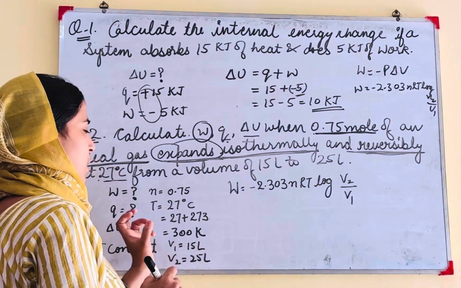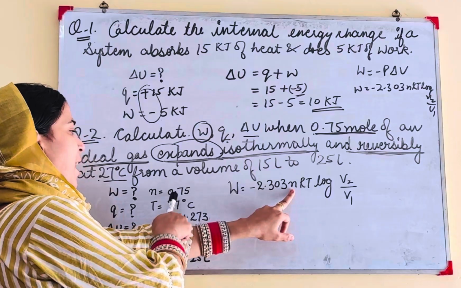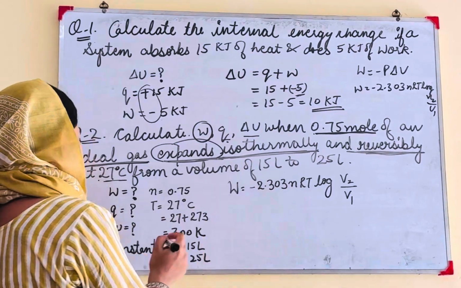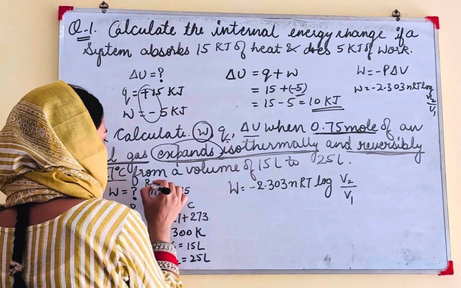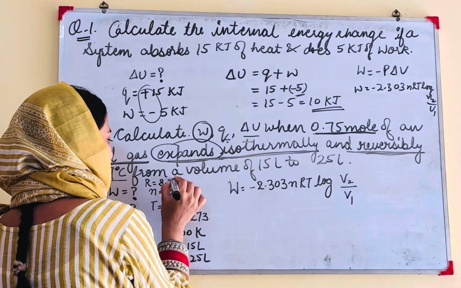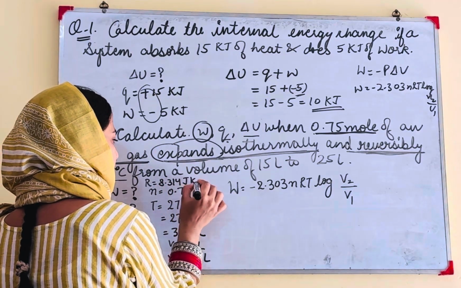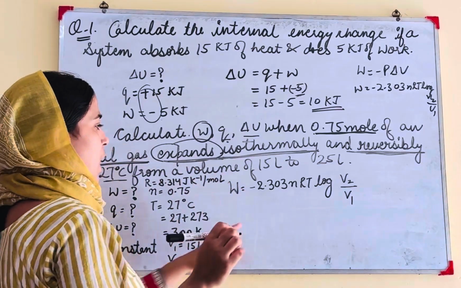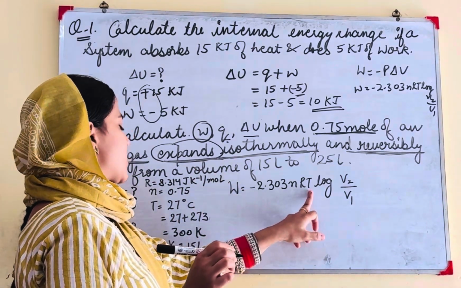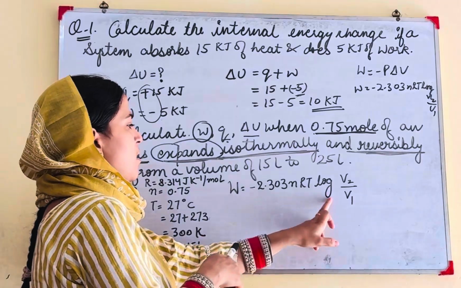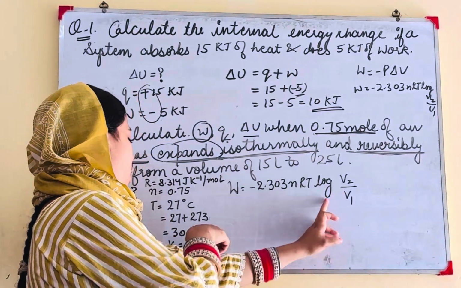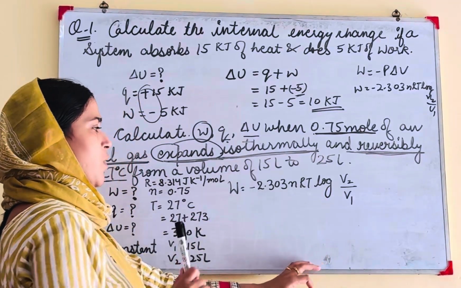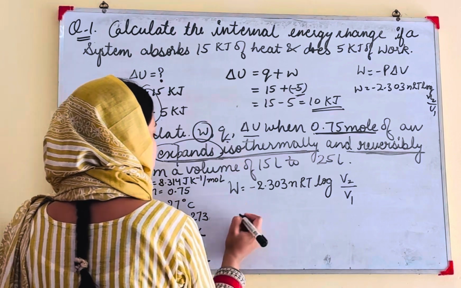Now you tell me, we have the value of n. R is a gas constant, so you can take its value 8.314 joule per Kelvin per mole. T is temperature, which is given. V2 and V1 are also given. Now put all these values in this equation.